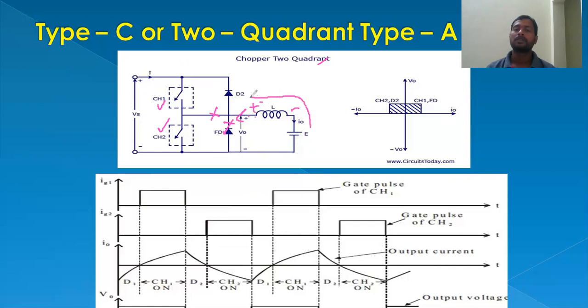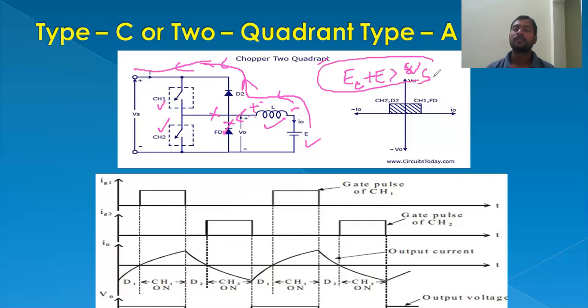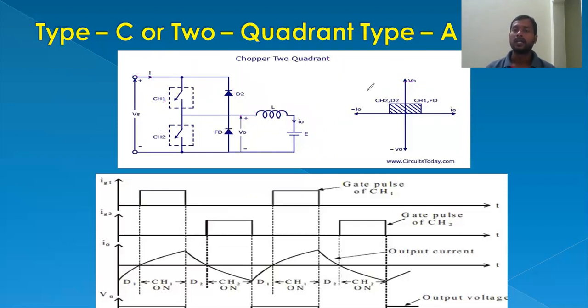The cumulative voltage of the inductor and battery is more than the supply voltage Vs. That's why energy will be transferred in the form of current back to the supply. That's why current is reversed, but the voltage is positive. That's why this operation comes under the second coordinate.